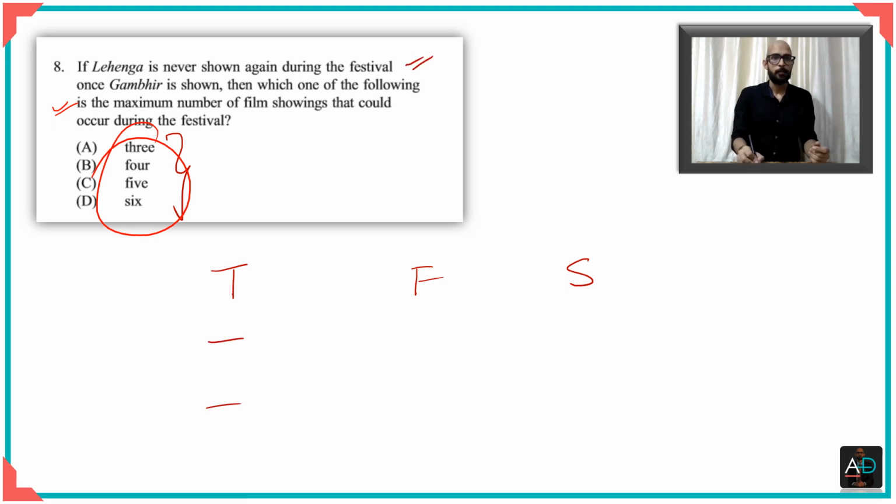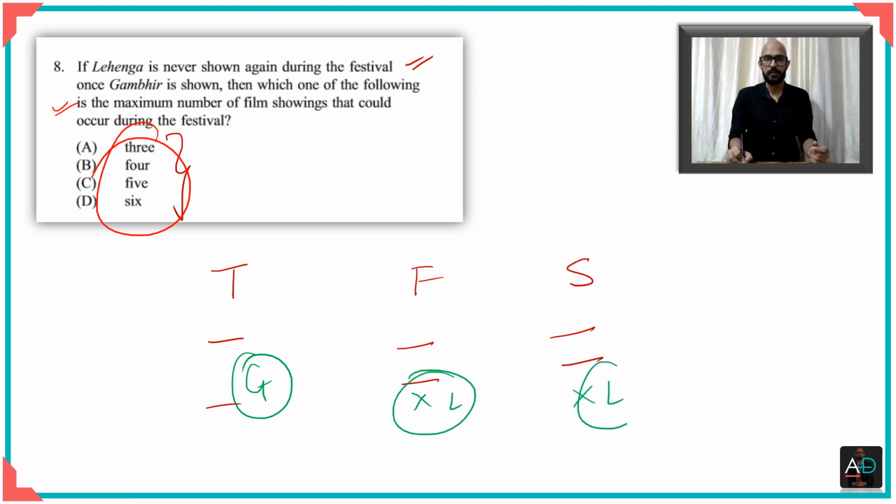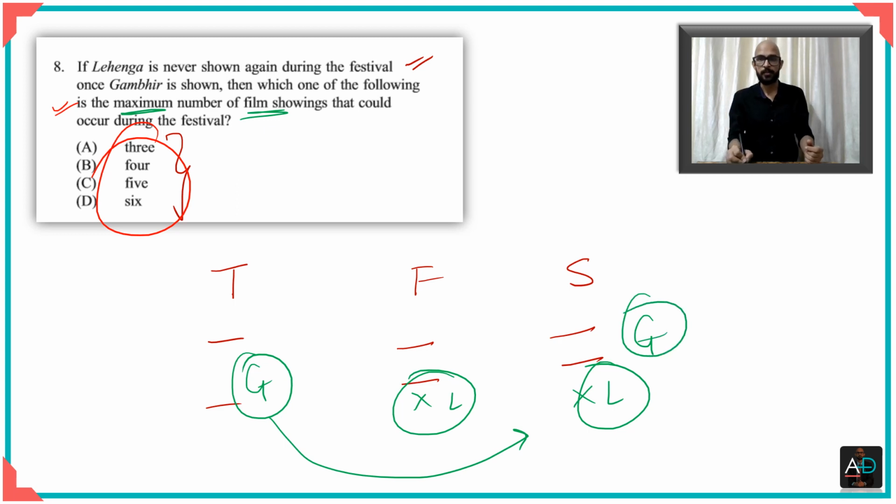So now our question is that once this condition is followed, what is the maximum number of total showings that is possible, right? Now we just saw that if Gambhir is shown in the beginning, it causes you to have no shows of lehenga. So if we want to maximize the number of film showings in total, we should try to keep Gambhir for the end, because if Gambhir is kept at the end, lehenga can be shown everywhere.